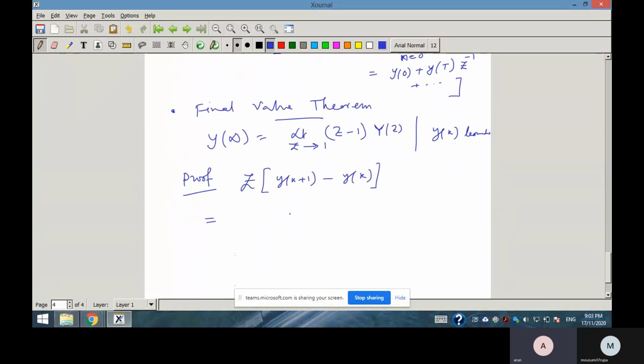This will ultimately be equal to the summation from k equal to 0 to infinity of y of k plus 1 into z to the power minus k, minus the summation from k equal to 0 to infinity of yk into z to the power minus k.